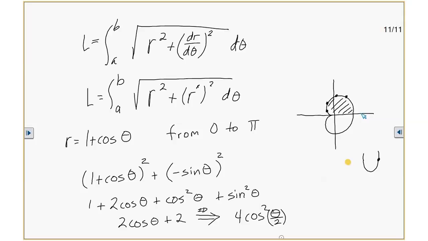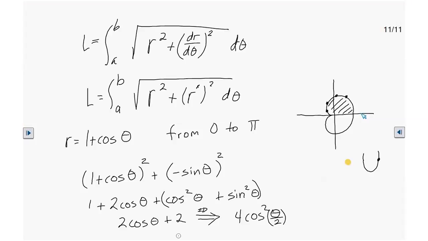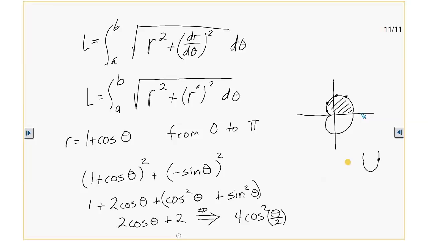Yeah, this is 1, and 1 plus 1 is 2. And this you can take to your half angle identities, and I think you'll get 4 cosine squared theta over 2.